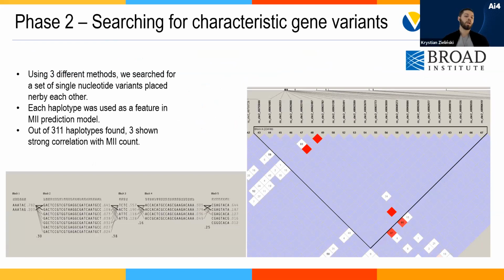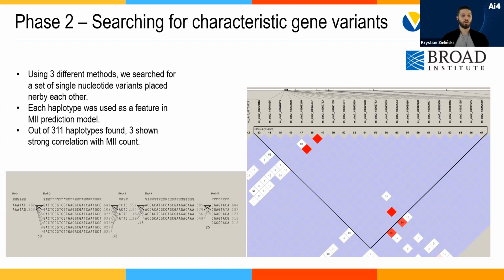Our second approach was searching for haplotypes in the genetic data. The approach was different in a sense that, rather than correlating the genetic data with the number of M2s, we focused on the position of the genetic variant on the code, because the closer the gene variants were, the more probability that they should happen together.